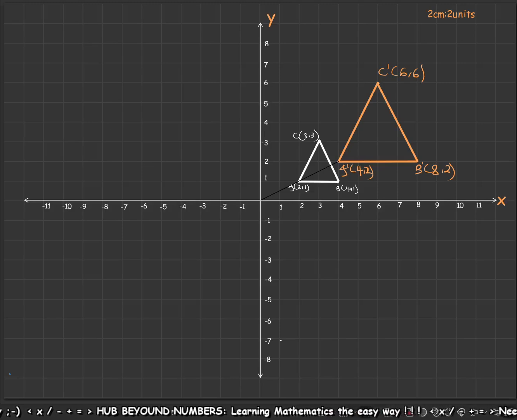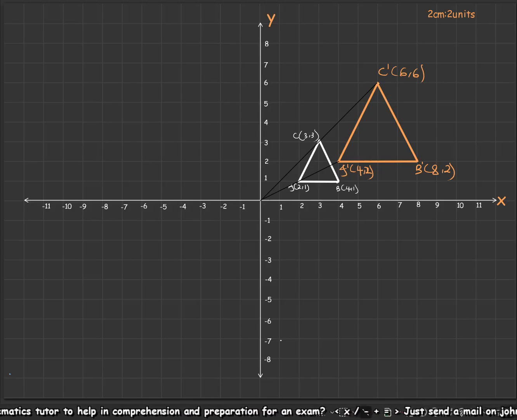Then I'll draw another line to pass through what? C, and then touch C1. So this is my second line over here. You see that? Then for the final one, I'll do the same for what I have over here, to touch through what?